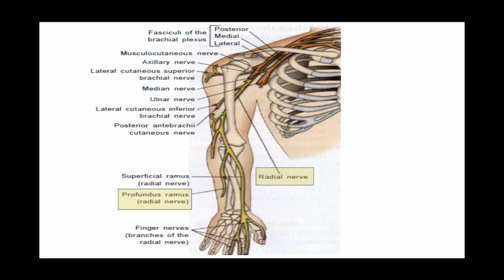And there, around the lateral aspect of the humerus, it is going to pierce the intermuscular septum and come to the anterior compartment of the arm, okay?